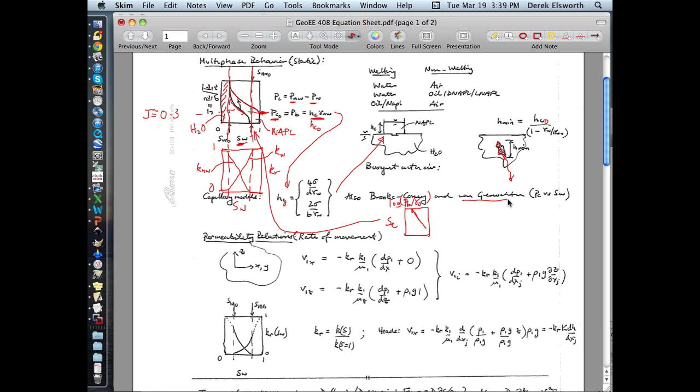And so we went through those. We've used this in the past to describe behaviors. I've never used this, I don't think, in an exam question, Van Genuchten. But certainly Brooks-Corey has. And so that's just a different way of being able to draw these capillary pressure versus saturation curves.